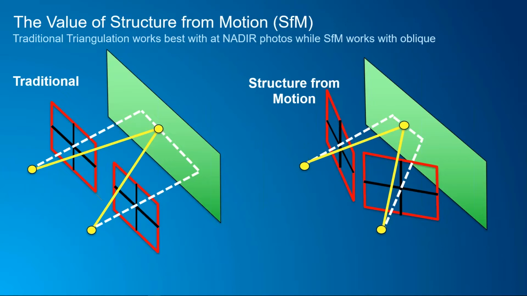What it does is it takes photos from many different angles, not just nadir photos, and from that it recognizes unique spectral signatures in the imagery. Through that, taken at many different angles, it generates a point cloud, and that point cloud is what is able to generate all the different 3D products that you see.